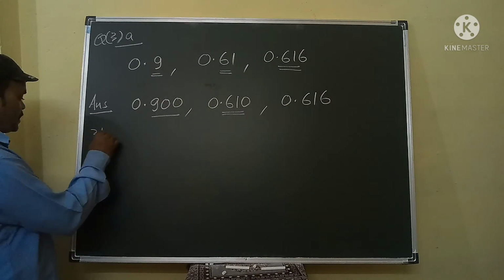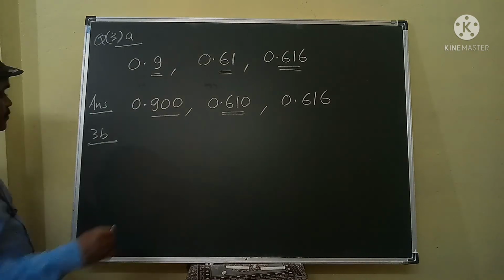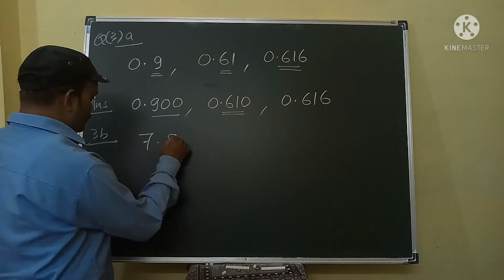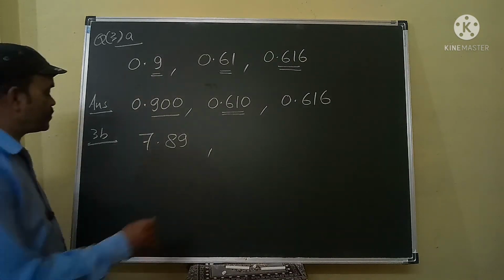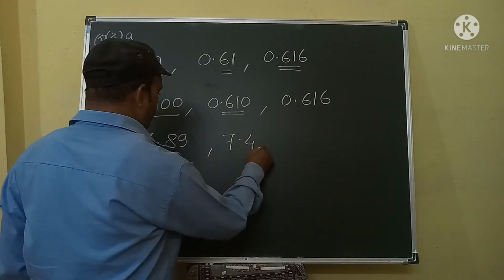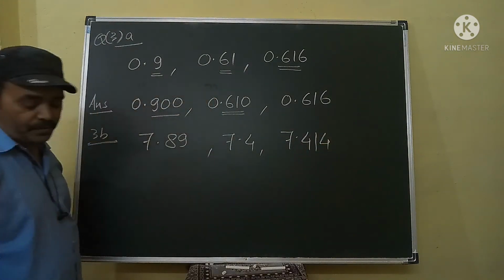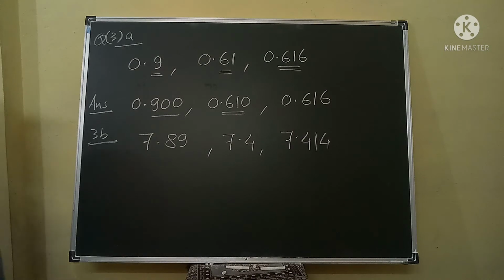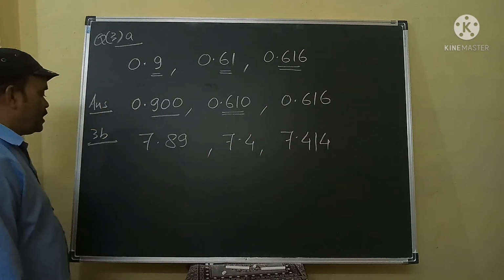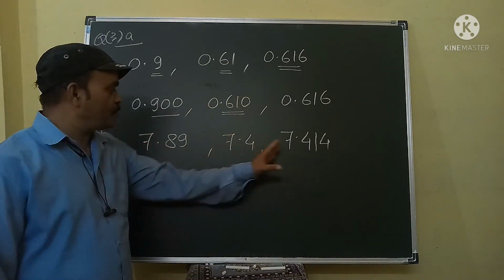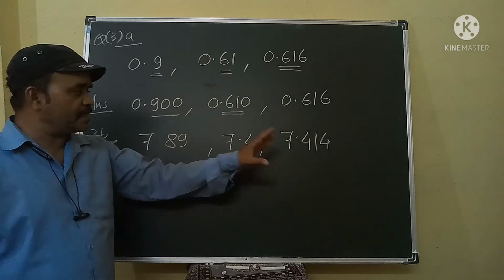Your question number 3b is 7.89, then 7.4, then 7.414. As you are looking at all these 3 decimal numbers, the question is in the form of unlike decimals.